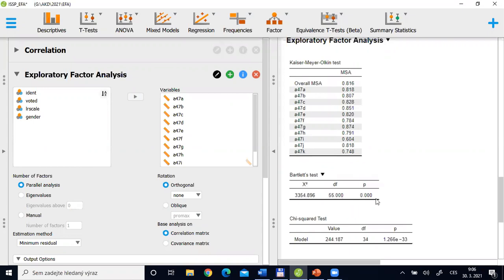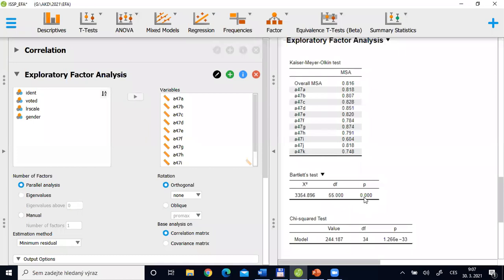And here is the evaluation. The null hypothesis for this Bartlett test says that there is no relationship for these variables, A47A up to A47K. The alternative hypothesis says there is some relationship. It means factor analysis could be useful to discover some hidden latent dimensions behind my data.